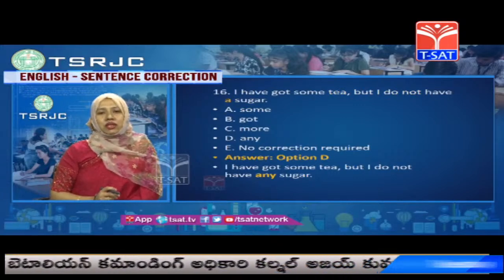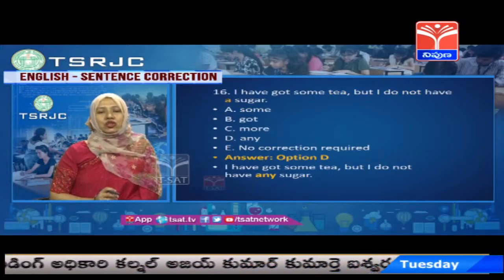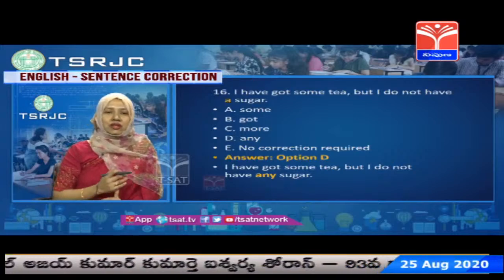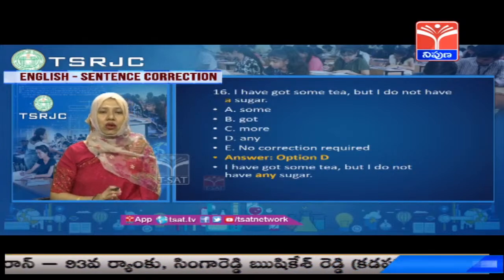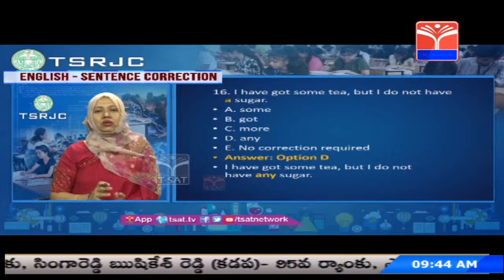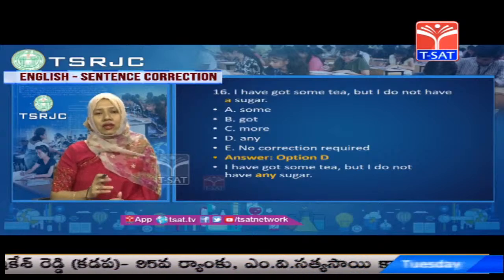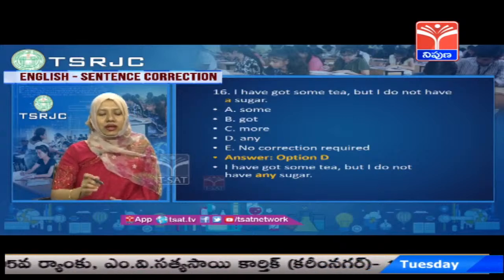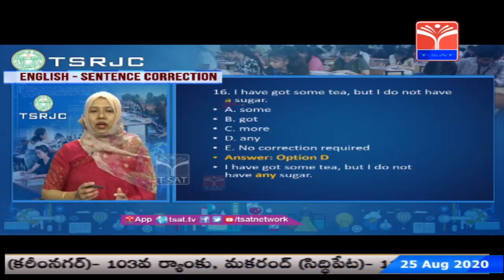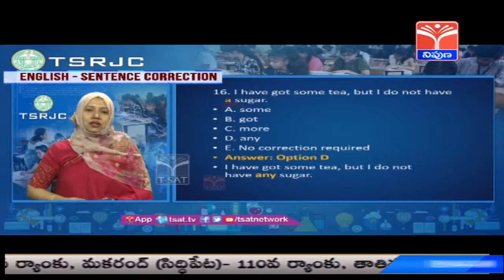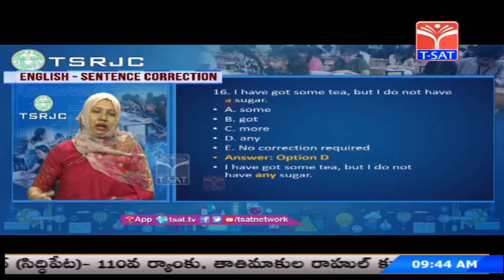I have got some tea, but I do not have a sugar. In the previous episode, we have discussed countable and uncountable nouns. If you look at the sentence, the highlighted word is used before sugar. We discussed that sugar cannot be counted, it can be measured.